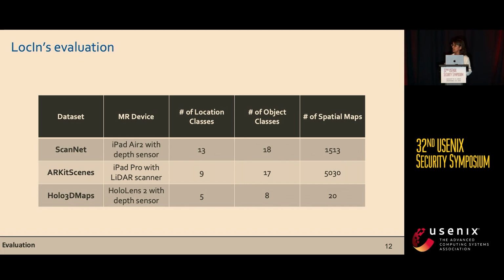We also collected our own data set of spatial maps through a HoloLens 2 device to test the generalizability of the attack on different mixed reality devices. I note here that we trained the attack model on the 2 publicly available data sets using their training and test data sets, and we ensure that the type of environments in each set are distinct to ensure that the LocIn results are independent of users and prior knowledge about their environments.